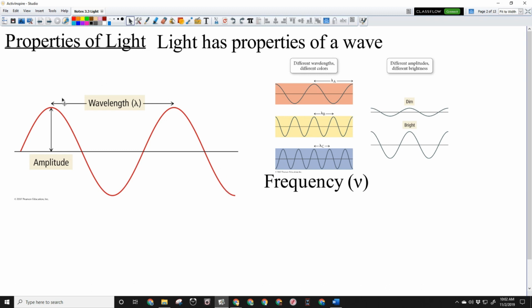All right, so wavelength. The definition of wavelength is the distance between two adjacent points on a wave. What normally is done is you'll measure from the top of one wave to the top of the other, or from the bottom of the wave to the bottom of the other. But actually you could measure where it hits the baseline.